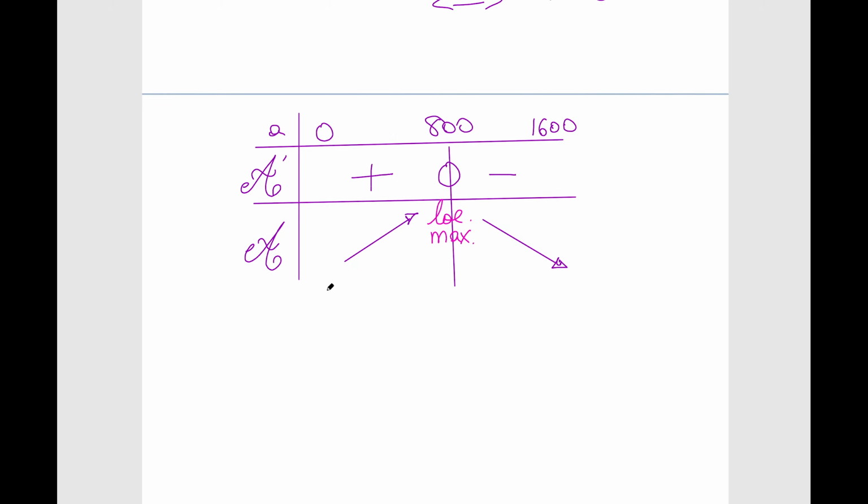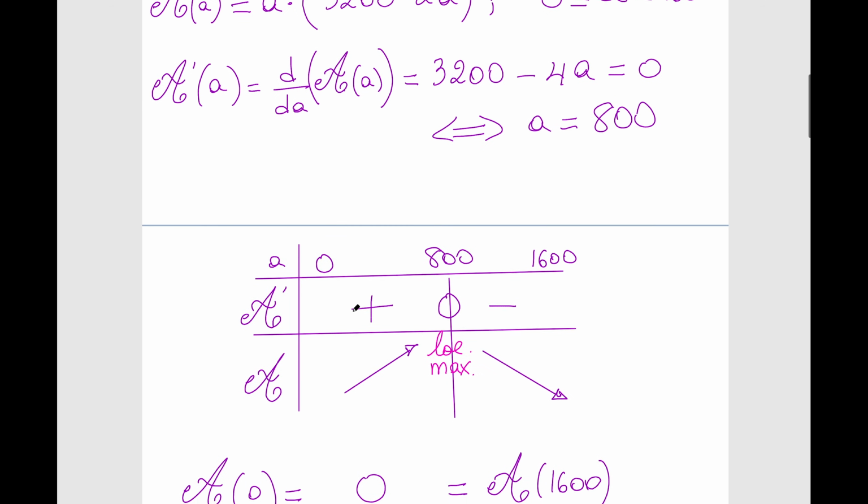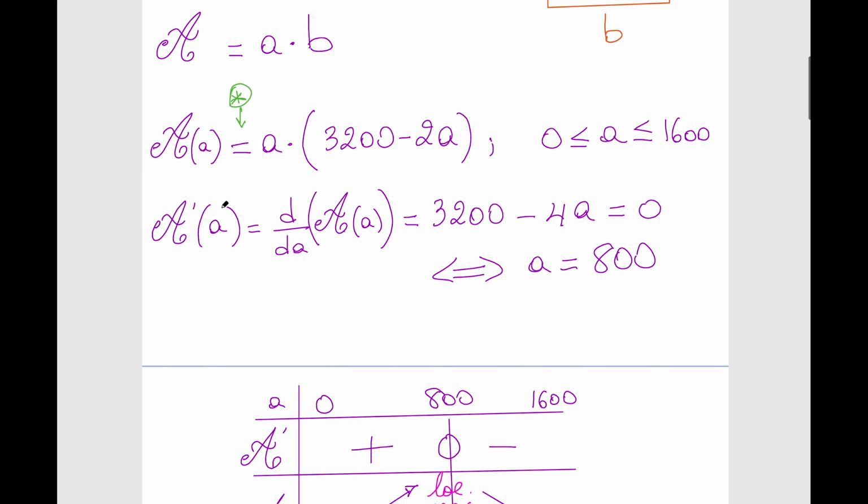So another approach is to use the, what did we call it? A closed and bounded interval method, right? So if you evaluate a at 0, and if you evaluate a at 1600, you're gonna find 0 here, right? Let's check it again.